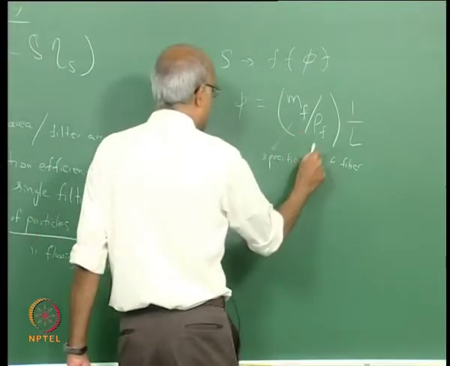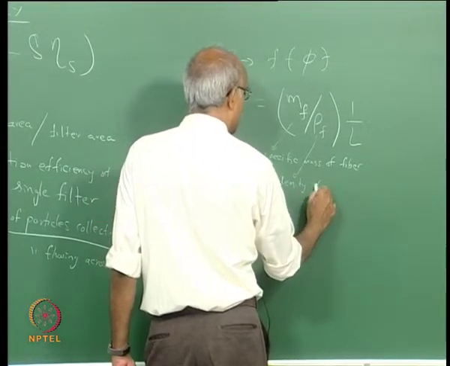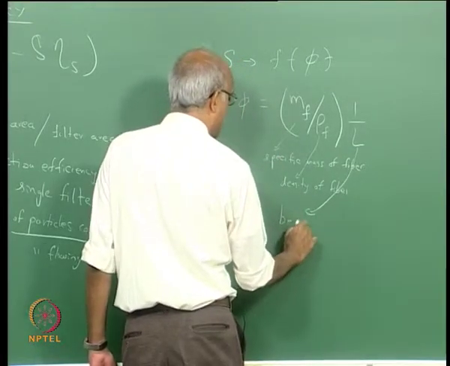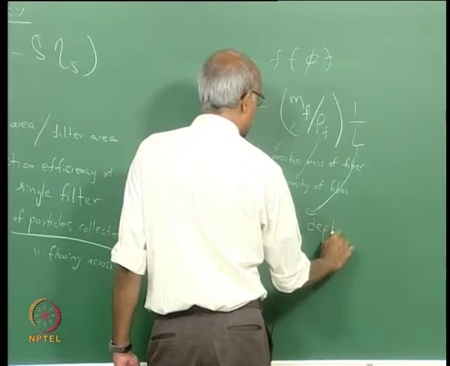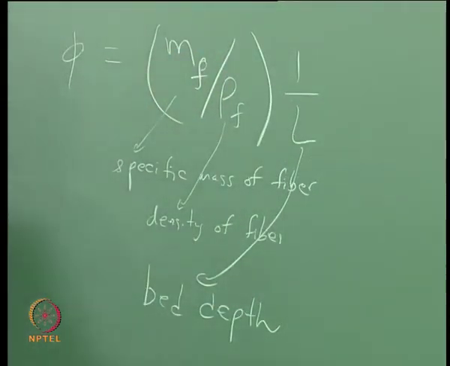Rho F, of course, is the density of the fiber, and L is the bed depth, the total depth of the filter bed that the particles have to traverse through.